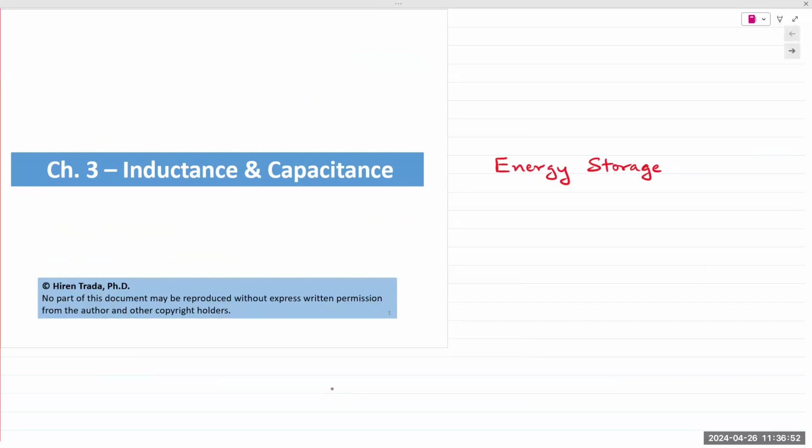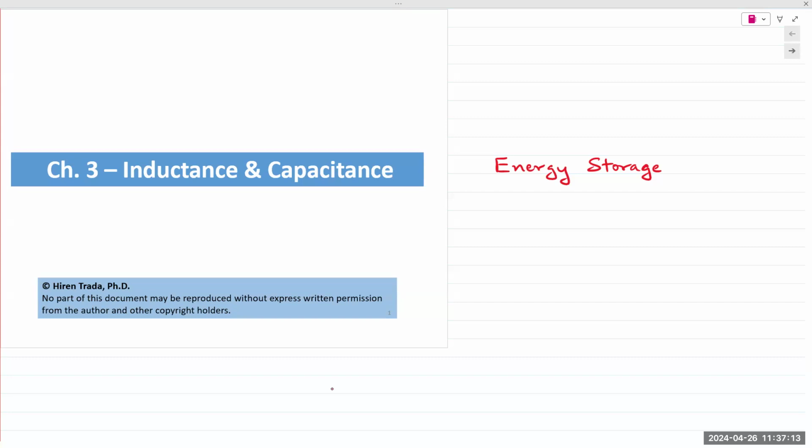Like a resistor, they are both passive components, meaning they have no energy of their own, but they do have the capability to receive energy, to store it, and then release it back into the circuit at a later period in time. Okay.